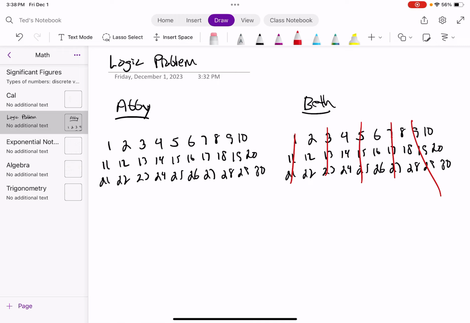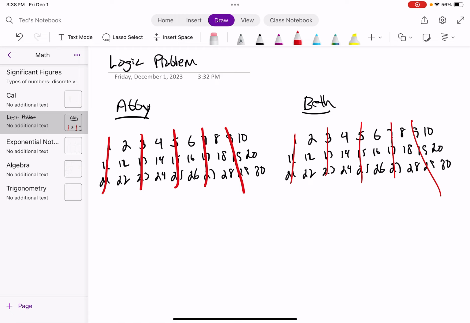And then Beth asks, "Is your number double mine?" Now, Abby knows that Beth only has even numbers. So if she had an odd number, she couldn't be double Beth's, and so she would say no. So she doesn't have any odd numbers.